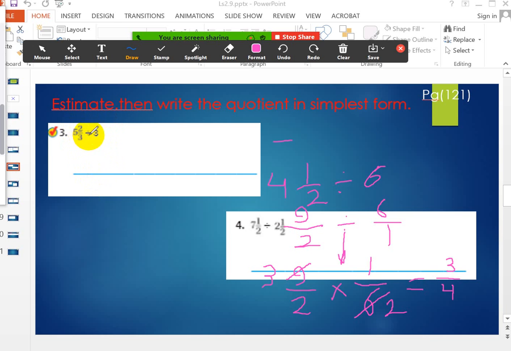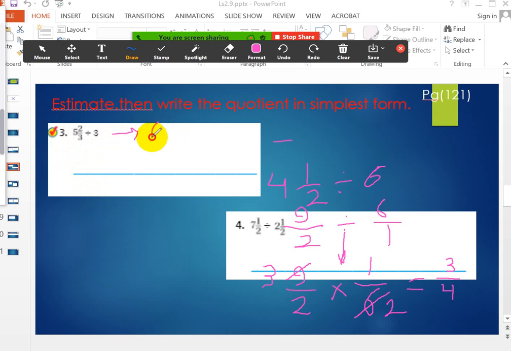So I will use compatible numbers, which are numbers able to divide on each other and close to those numbers. So which number is close to 5 and 2 over 3 and able to divide on 3? I think it's 6, right?